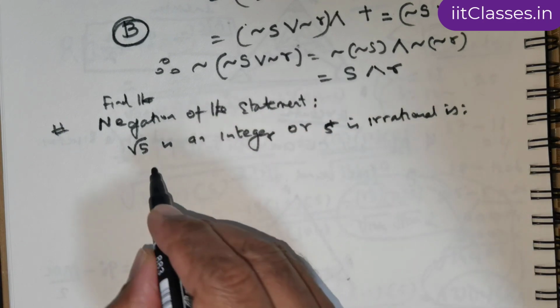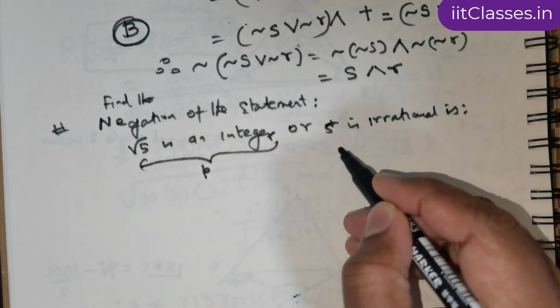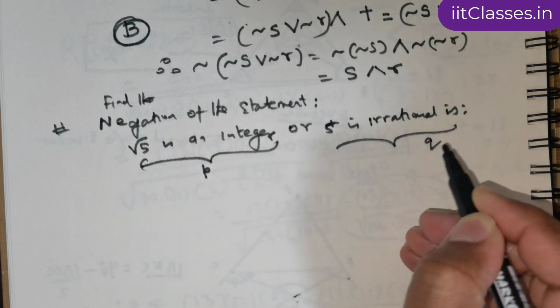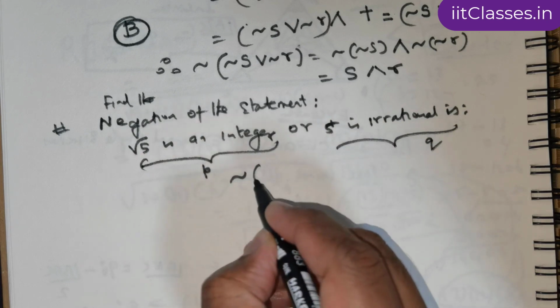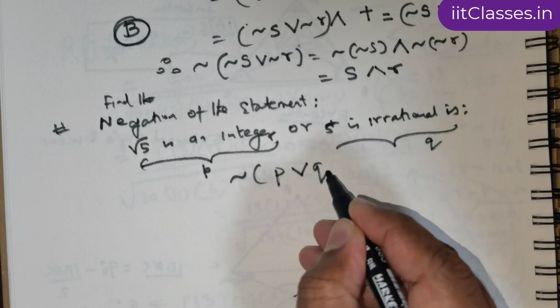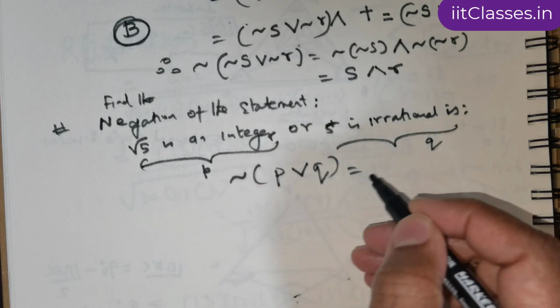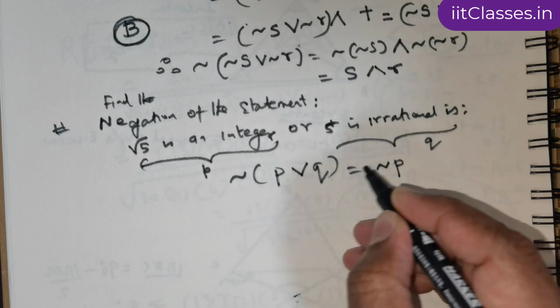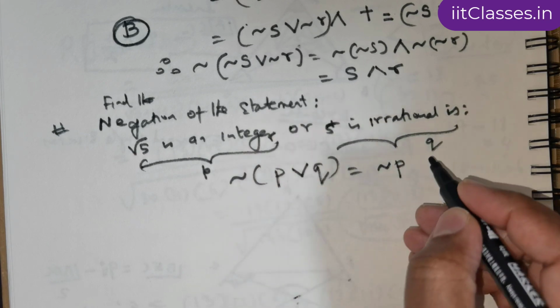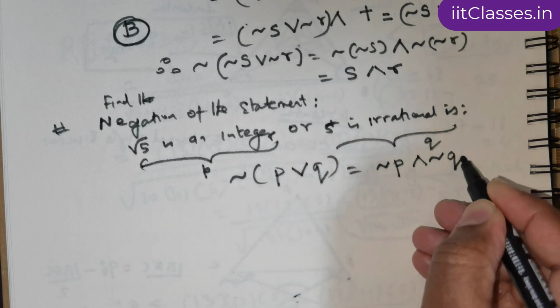So having mentioned that, let me just take this entire statement to be P and this entire statement to be Q. We are expected to obtain the negation of P disjunction Q. Now what is the negation of P disjunction Q? This is going to be negation of P. When negation hits disjunction, it becomes conjunction followed by negation of Q.